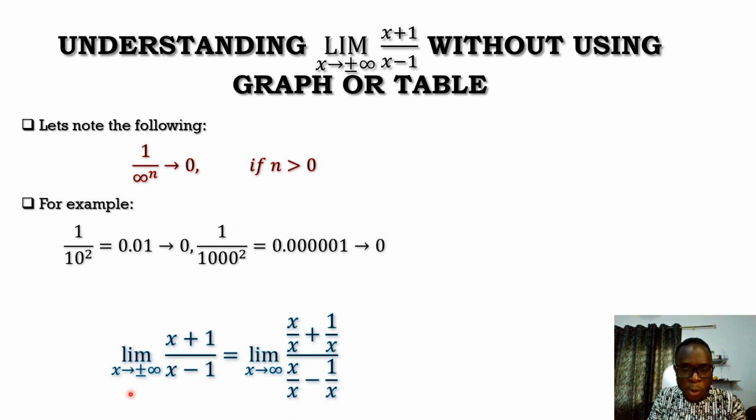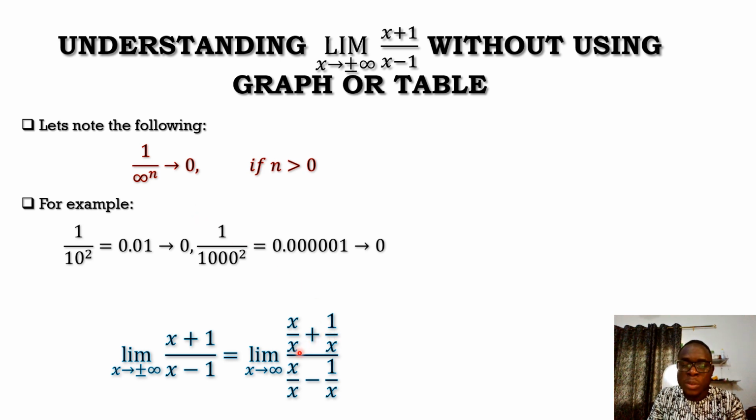So in this form, if we want to solve this particular problem without using a graph or table, what are we going to do? The best thing to do is to bring each term in this function to the form 1 divided by infinity raised to the power n, where n is a positive value.